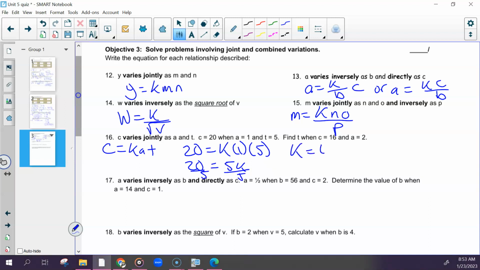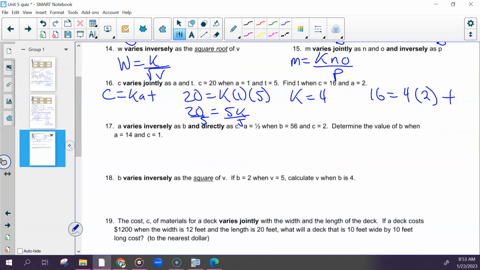So K should have been 4 when you solved it. Then after you solved it, put it back in. We know C is 16, K is 4, A is 2, and we're looking for T. So we have 16 equals 8T, divide both sides by 8, and T should have been 2.